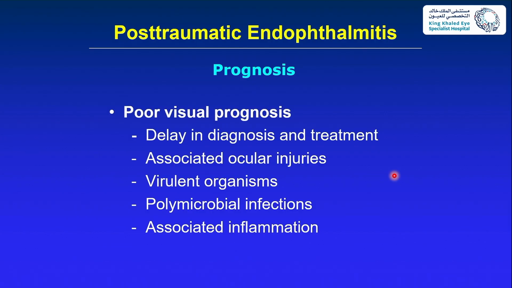But if the inflammation is more than expected, you have to treat it as infection. So there is delay in diagnosis and treatment. Of course, associated ocular injuries. The organisms are virulent. Polymicrobial infection, mixed infection, and of course, associated inflammation.